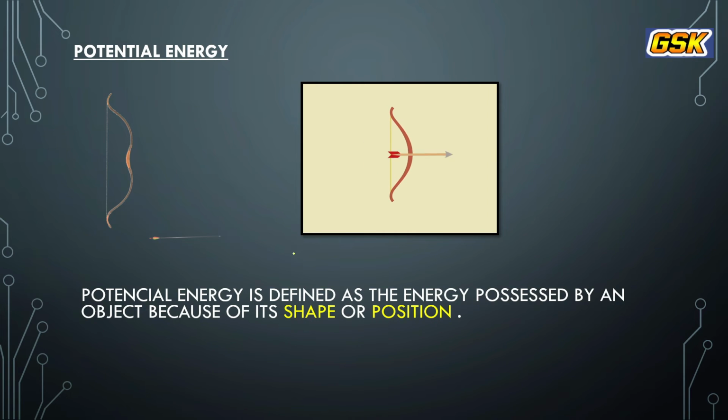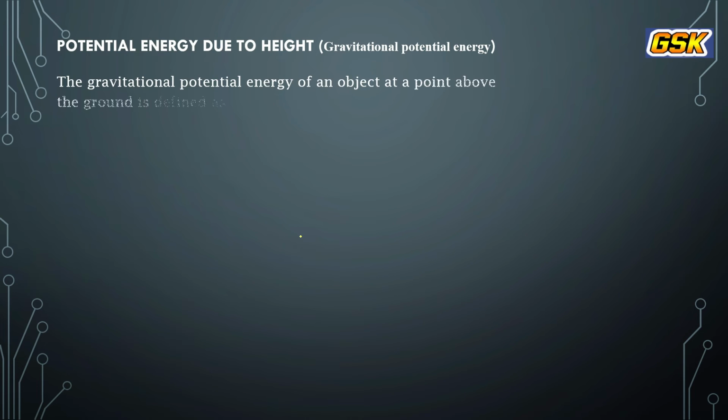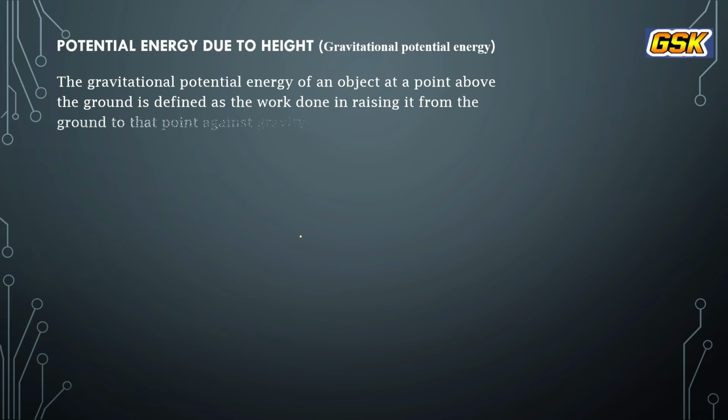Now let us discuss change in position. Potential energy due to height is gravitational potential energy. So what is gravitational potential energy at a point? The gravitational potential energy of an object at a point above the ground is defined as the work done in raising it from the ground to that point against gravity.